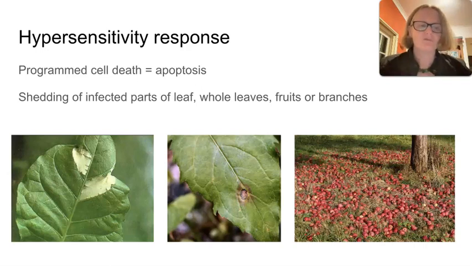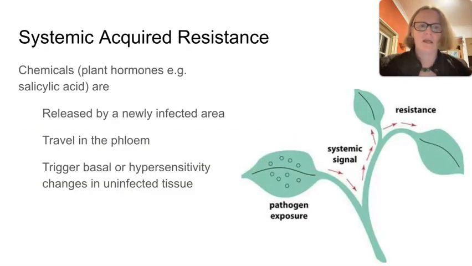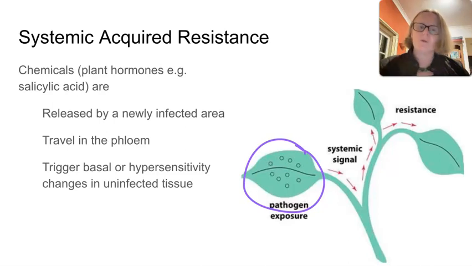But the last thing, which is really quite cool, and a way that plants can communicate within their plant, is called systemic acquired resistance. If you look at this diagram, you can see what's happening. The leaf on the left has been exposed to a pathogen, and in response, a chemical will travel through the phloem of the plant, the vascular tissue, spreading to other areas of the plant.